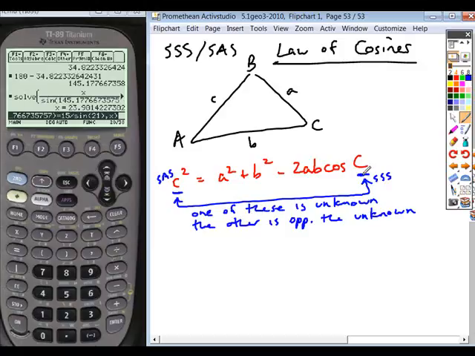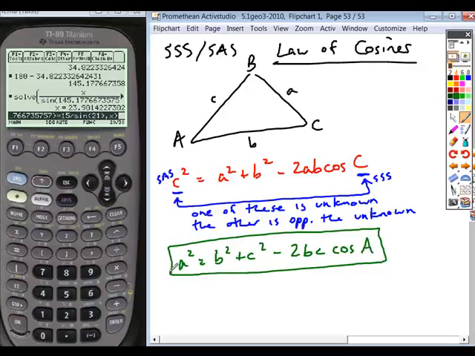Okay, so let's take a look at an example of each of these. Actually, before I move on to the next screen, because you don't know which side or which angle is your unknown, there really are three versions of this law of cosines. If A was our unknown, we could set it up as A squared is equal to the sum of the squares of the other two sides minus twice the product of those two sides times the cosine of the angle opposite A. This is an alternate form of the law of cosines.